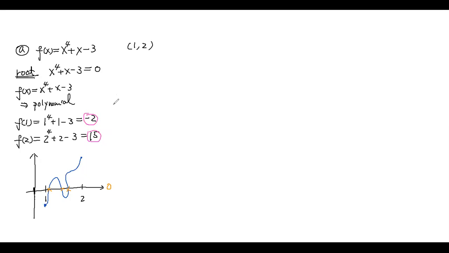Because of the intermediate value theorem, people call this the IVT. Now I know f(x) = x^4 + x - 3 equals 0.